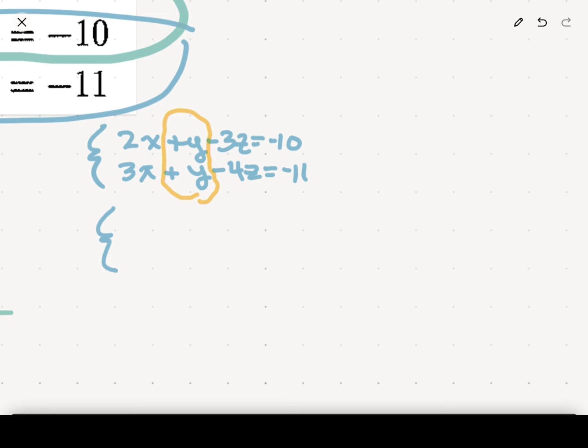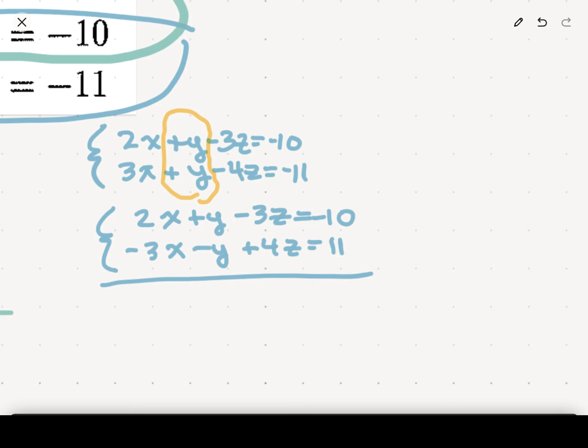I will multiply the second equation by -1 and leave the first equation alone. So 2x plus y minus 3z equals -10, and -3x minus y plus 4z equals 11.